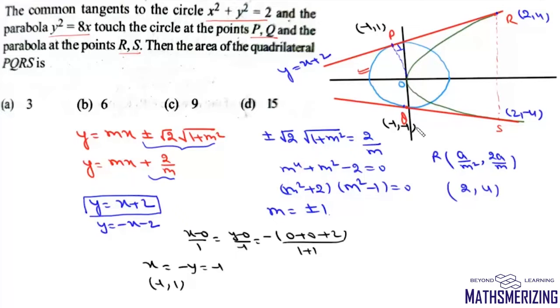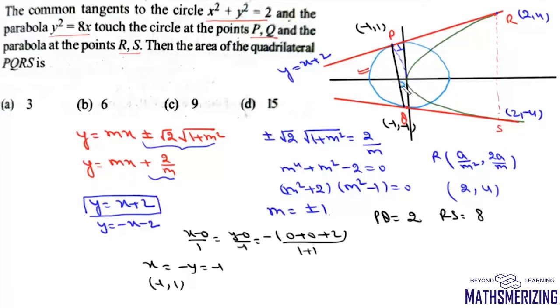Now we need to find area of this quadrilateral PQRS. So basically it's a trapezium. So what is the length of the side PQ? Length of PQ is 2 units. What is the length of RS? Length of RS is 8 units.